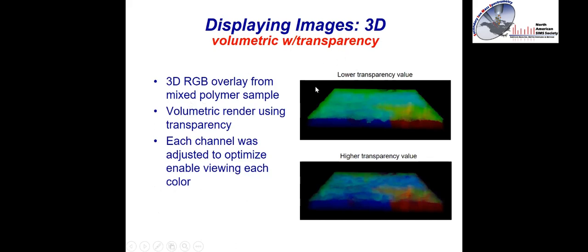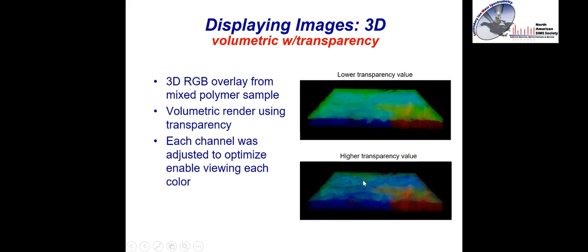You can also do things with transparency. This is a 3D RGB overlay of 3 mixed polymers. In the top image here, I lowered the transparency value of the green, and you can see it looks completely different than if I lower the transparency value of the green channel. Since you can choose the properties for all of these, you can basically show whatever you want, but it's important to state why you chose a certain level.